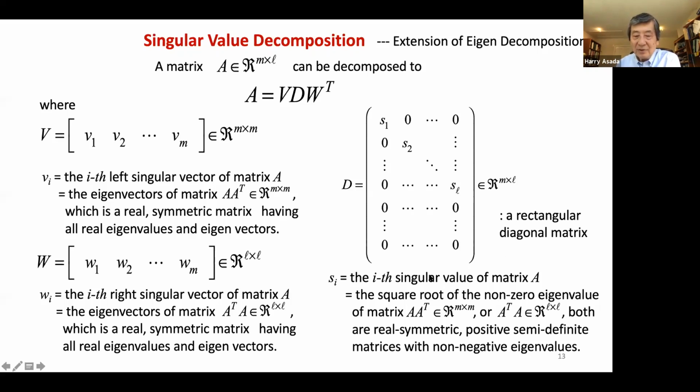What's inside is the square root of the non-zero eigenvalues of matrix A A transpose. This one and A transpose A have identical eigenvalues, and they are non-negative.